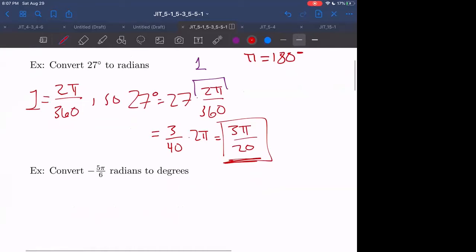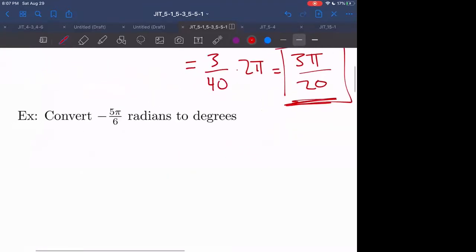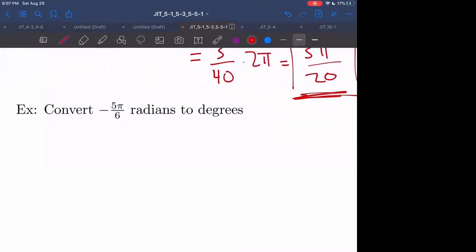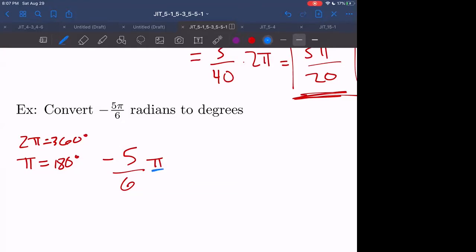We can also go the other way. If we want to convert from radians to degrees, remember I said that 2 pi is equal to 360, and that means that pi itself is equal to 180 degrees. So if I've got negative 5 over 6 pi, I can replace this pi with 180.